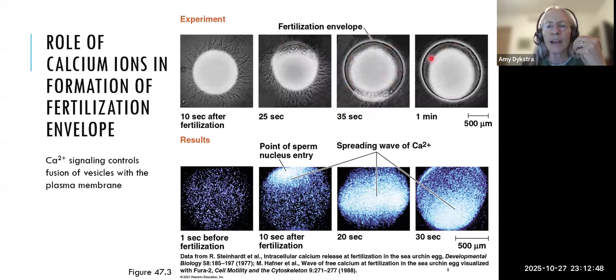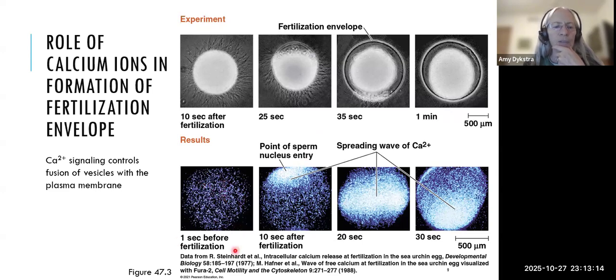And by a minute, that fertilization envelope has surrounded the entire cytoplasm of the cell. And so there's a space between the egg cell membrane and the vitelline layer. And so this is a fully formed fertilization envelope. These lower pictures down here are showing the calcium concentration.